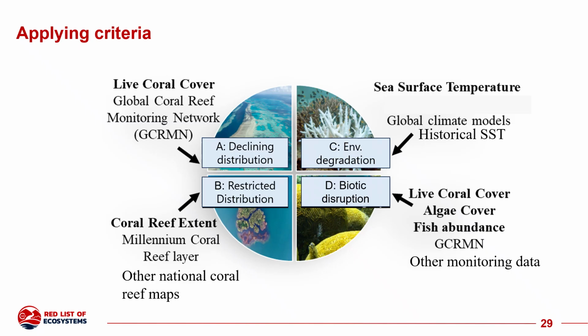This approach makes use of global datasets, including satellite-derived temperature data and open-source spatial layers such as the Millennium Coral Reef Mapping Project. It also uses biotic indicators which can be derived from data from GCRMN monitoring programs, as well as other regionally available monitoring datasets.